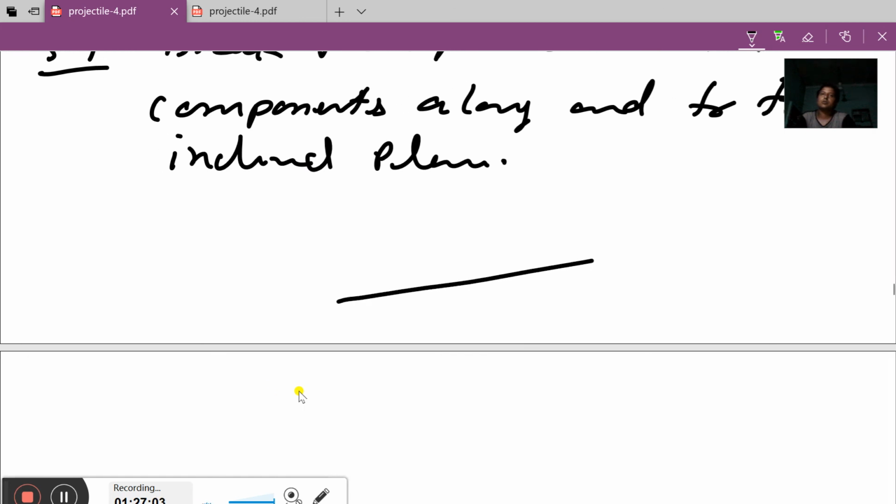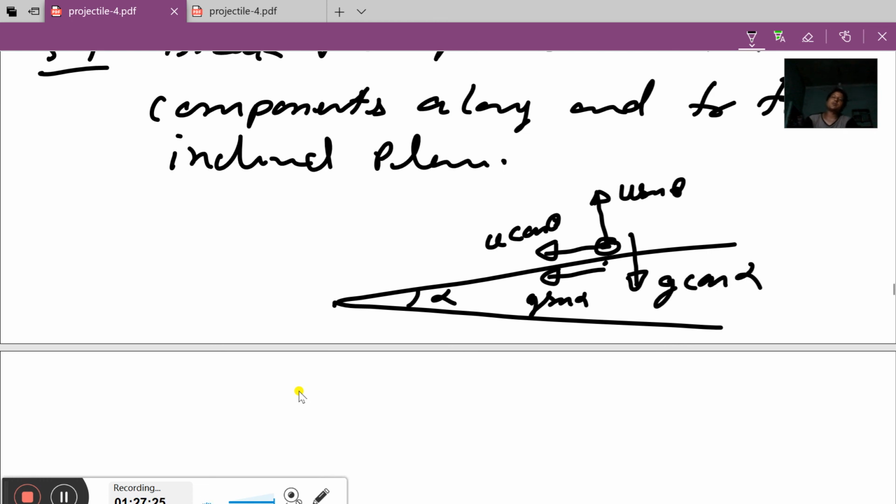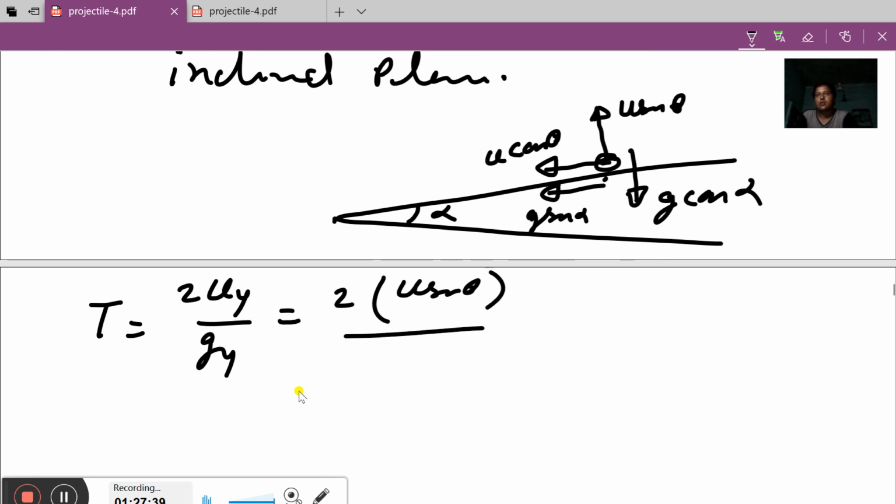So if this angle is given alpha, components of u are u cos theta and u sin theta. Acceleration components are g sin alpha and g cos alpha. We have a trick. Time of flight is 2uy over gy. Here uy is u sin theta, gy is g cos alpha. So same formula.